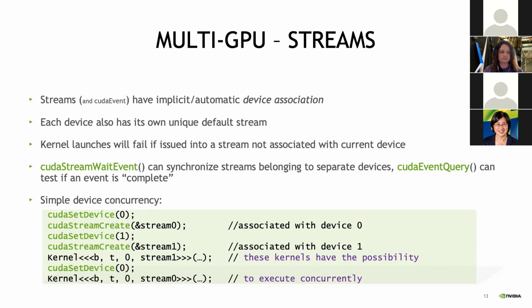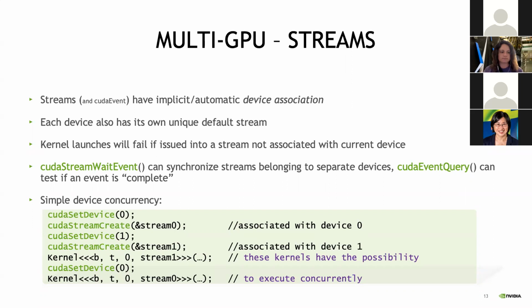Fortunately, with CUDA streams, we can still do this. We can have our multiple OpenMP threads and spread work across multiple GPUs. It's a little bit trickier, but the main thing to be aware of is that streams have an implicit device association.